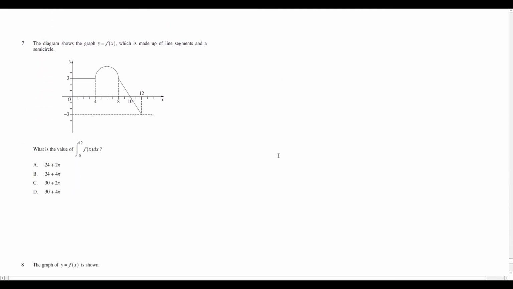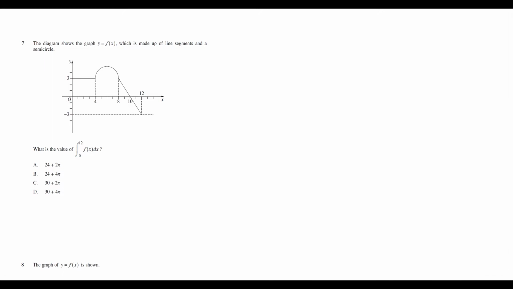Okay, now moving on to question 7. The diagram shows the graph y equals f(x), which is made up of line segments and a semicircle. What is the value of the integral from 0 to 12 of f(x) dx? With a problem like this, the key idea to note is the symmetries we've got going on. We notice there is this line that goes from 8 down to 10 and then 10 down to 12 with the exact same gradient.